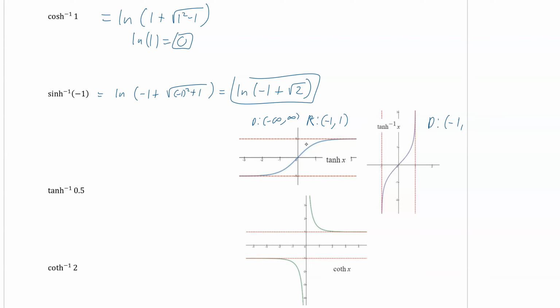So what that means is we can only plug numbers into our inverse tangent, hyperbolic tangent, that are between -1 and 1. So 0.5 works. So let's see what we get. So it's 1/2 natural log of (1 plus x) over (1 minus x). So 1/2 natural log of (1 plus 0.5) and (1 minus 0.5).